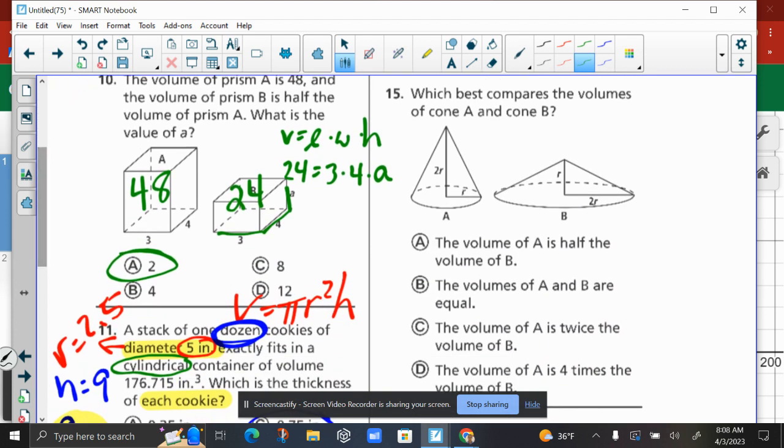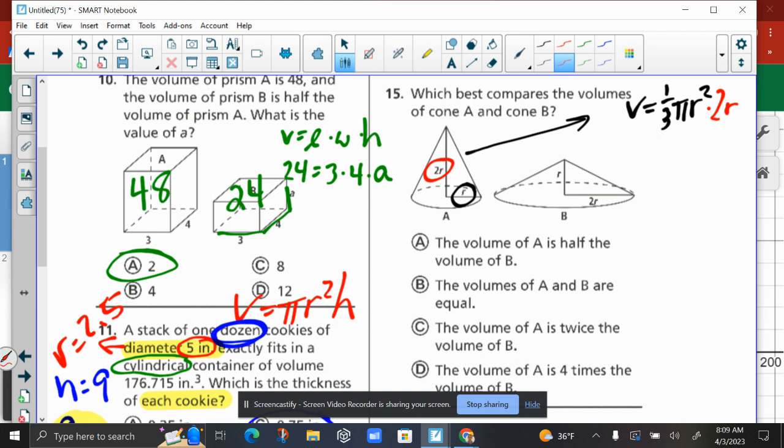Which best compares the volume of cone A and cone B? So we can see that if we write this out, the volume for this one, and we just did 1/3 pi r squared. So in this case, here's our r value, r squared times here's our height, times 2r.